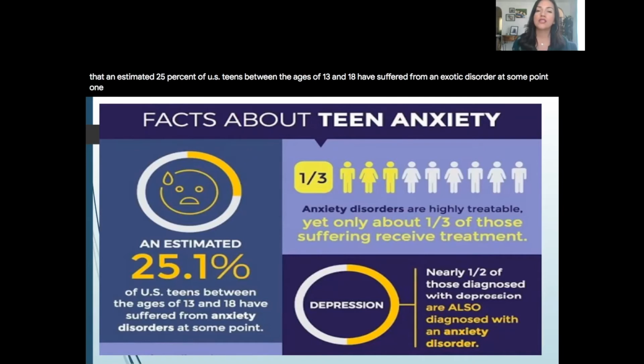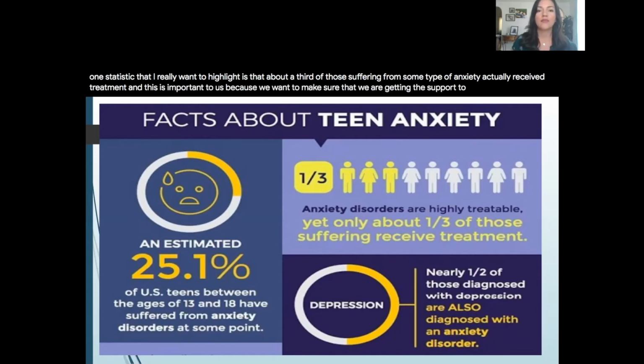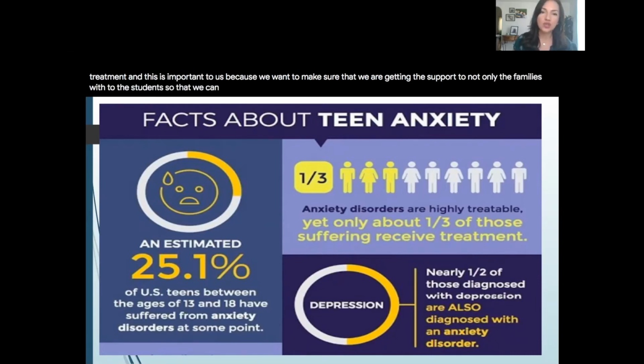One statistic that I really want to highlight is that about a third of those suffering from some type of anxiety actually receive treatment. This is important to us because we want to make sure that we are getting the support to not only the families, but to the students, so that we can allow these students to be successful and reach the goals, whether they're academic or personal, that they want to reach.